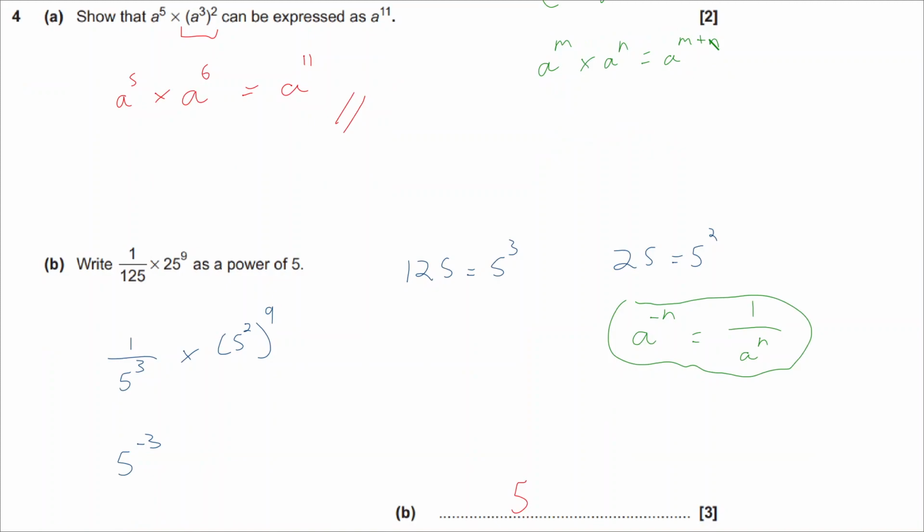So this is going to go to 5 to the power of 2 times 9, which gives you 18. And then, of course, again, this is the multiplication law for the laws of indices with the same base. You've now got the same bases here. You add the powers. So minus 3, add 18, or 18 take away 3, is going to give you 5 to the power of 15. So this is your answer: 5 to the power of 15.